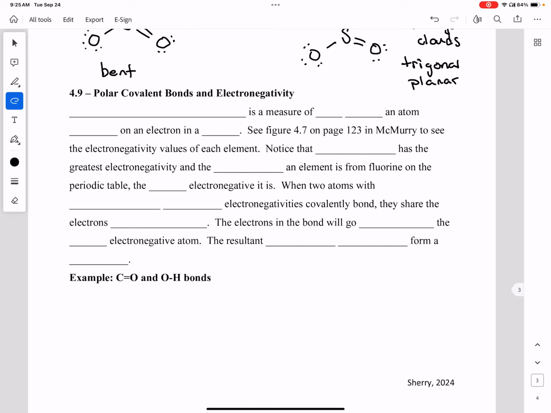So this next concept is something we alluded to last week, but we didn't go very deep into, and that is polarity and electronegativity. So we mentioned before that if two atoms are very different, then they will share their electrons unequally. Well, this is the difference that we're talking about, and that difference is electronegativity. Electronegativity is a measure of how hard an atom pulls on the electrons in a bond.